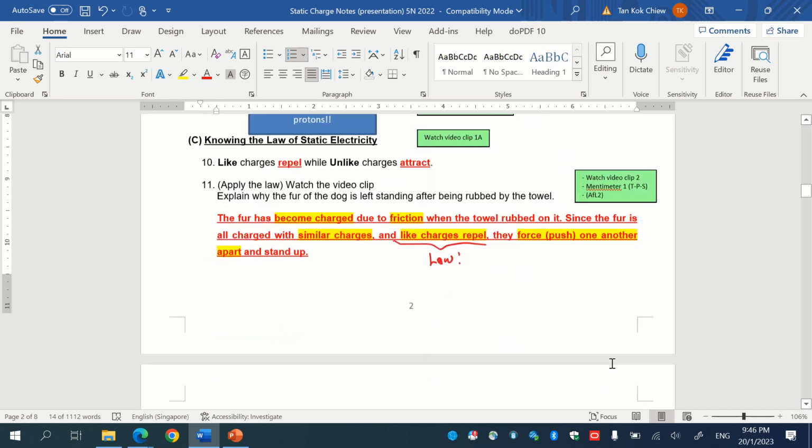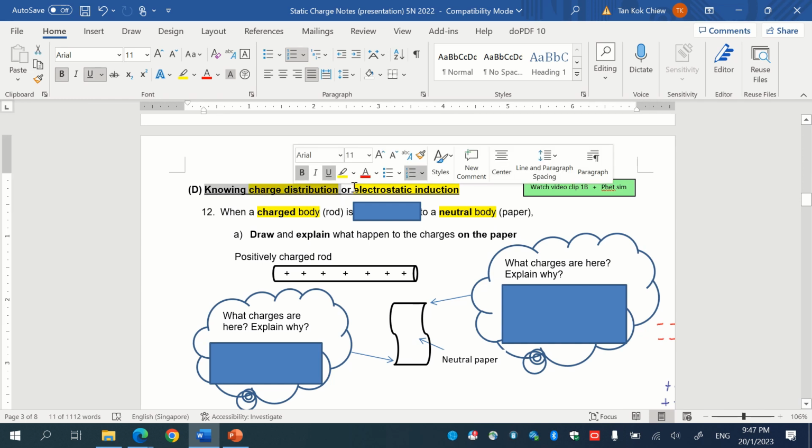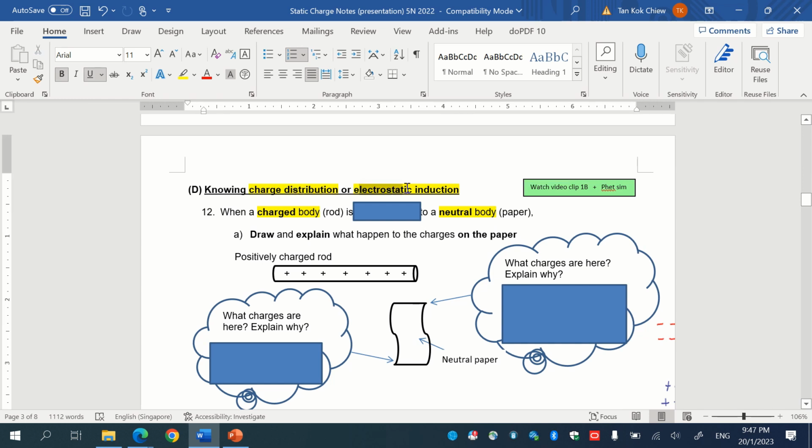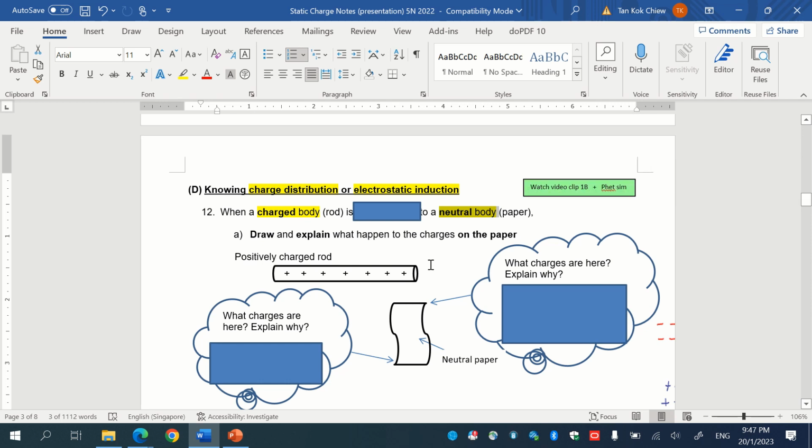And then in this new lesson, we will learn about what is charge distribution or electrostatic induction. The interaction is between a charged body and a neutral body.